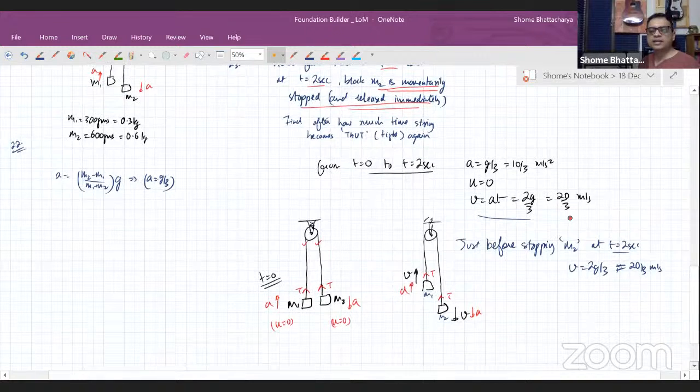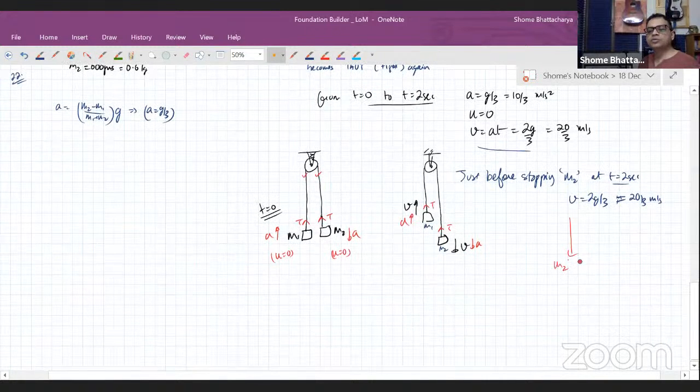So the moment you release it, now what happens? So now at this time, M2 is stopped, and released immediately. So the moment you stop that block, the string suddenly becomes loose. Why does the string become loose?